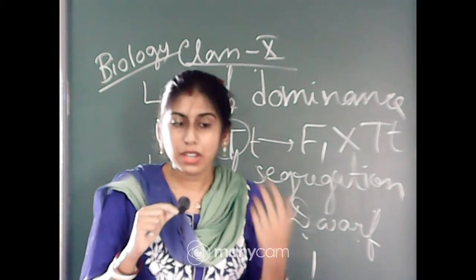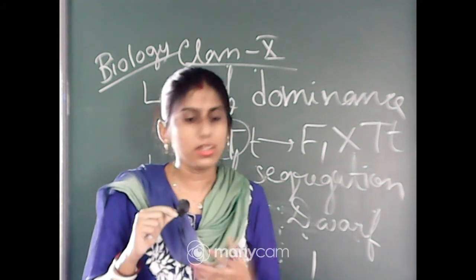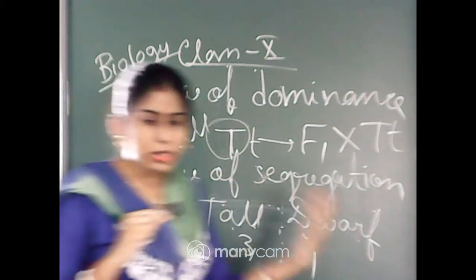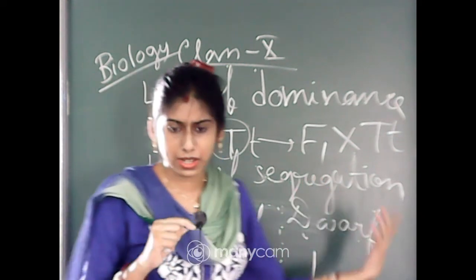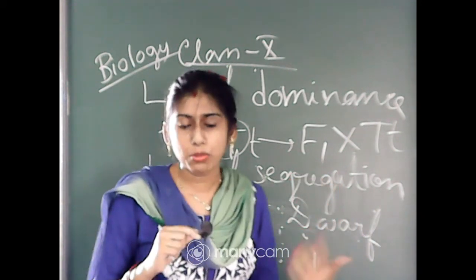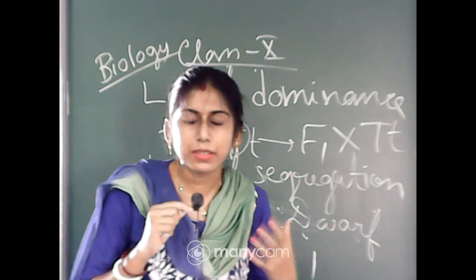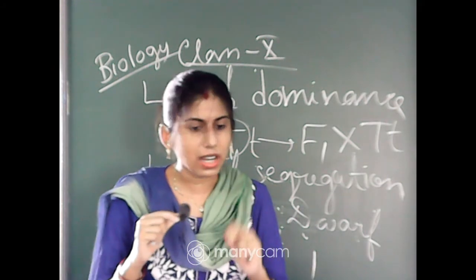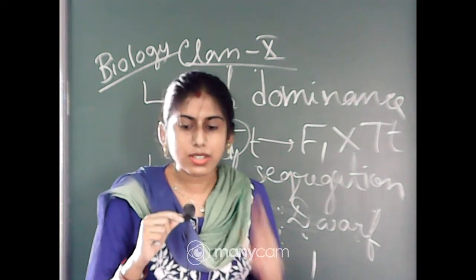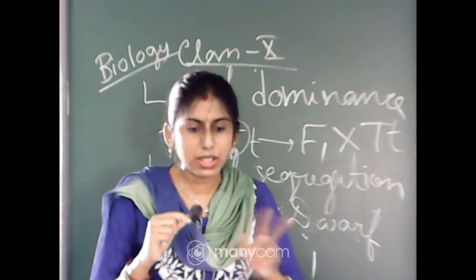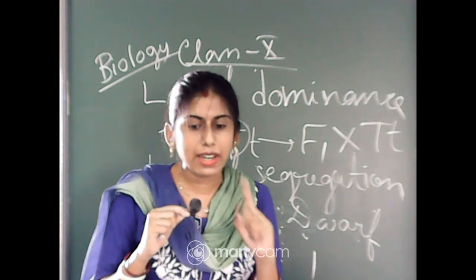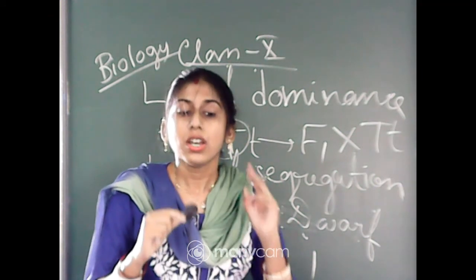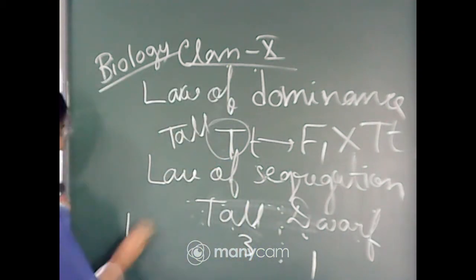These deviations are not in your syllabus, but let me give you one example. So far we have been getting only two types of plant, tall and dwarf. But in a plant called snapdragon, which has red and white coloured flowers, when the red and white plants are crossed, in the F2 generation they got a 1:2:1 ratio.